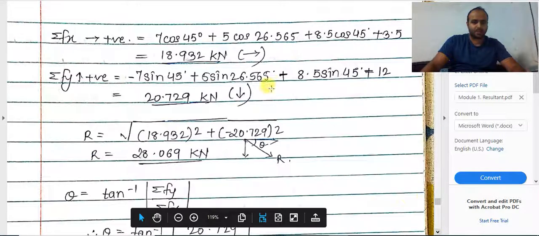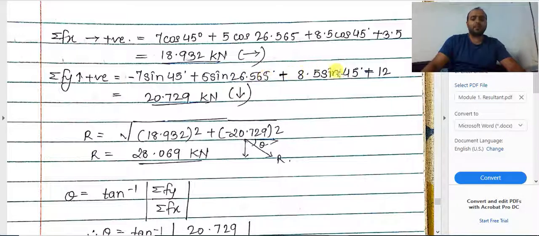Let us just check the equation. So minus 7 sine 45 plus 5 sine of 26.565 plus 8.5 sine 45 plus 12, sorry, minus 12 it is. So the value that we got over here, my dear friends, comes out to be in minus. That is why it is written as 20.729 kilonewton acting vertically downwards.